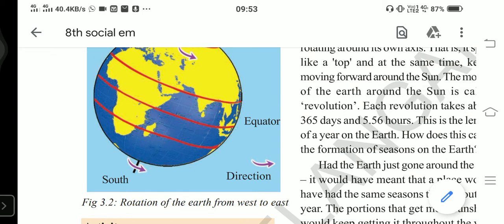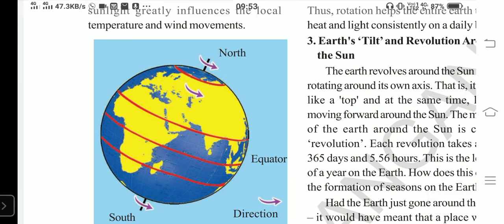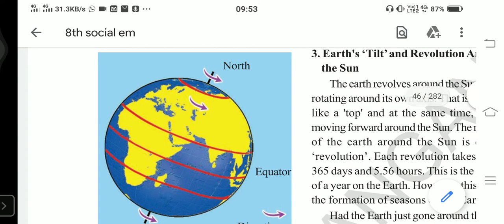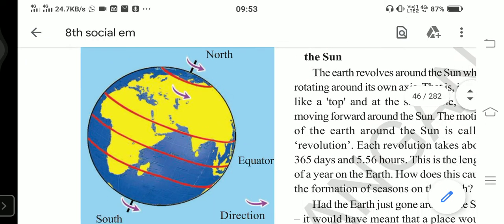This is the fact we already studied: the places near the equator will be warmer than the places far from the equator, that is, near the poles, right? Why, at the equator, do the sun rays fall vertically? It's a flat area. There the sun rays fall vertically.